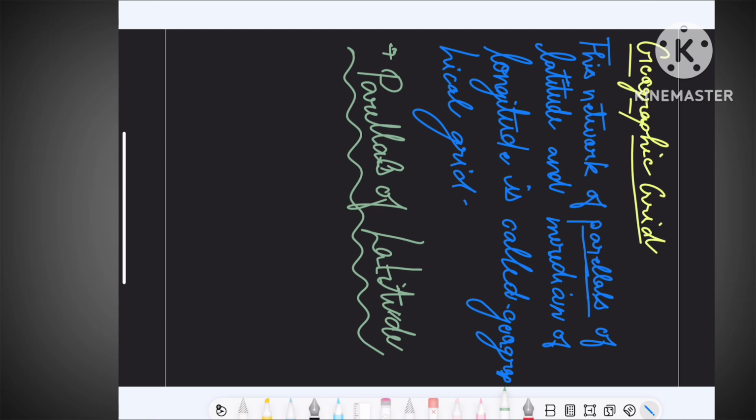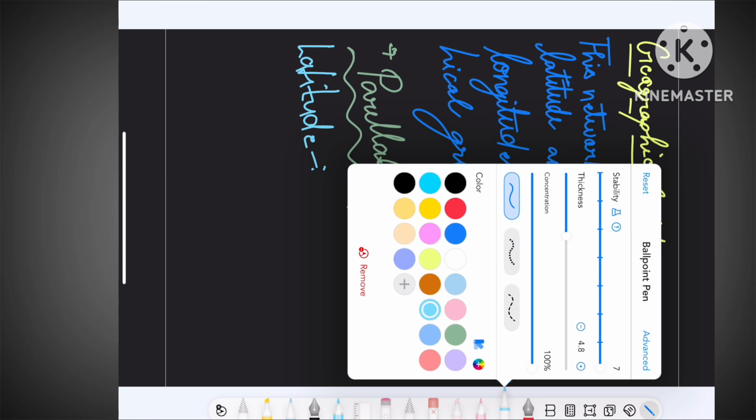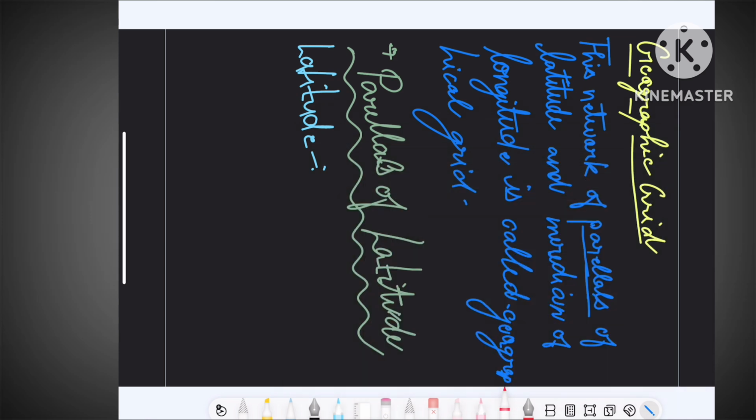So, what is a latitude? Latitude is an angular distance north or south of the equator measured from the center of the earth.